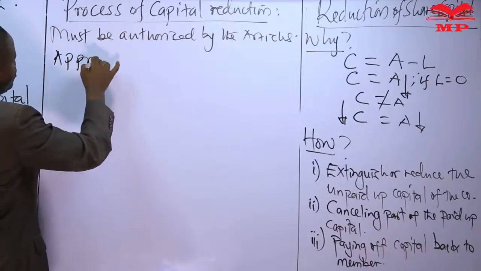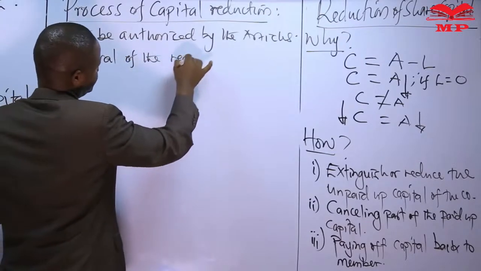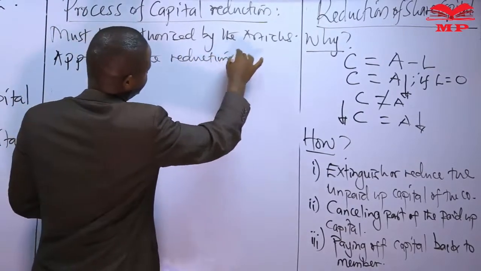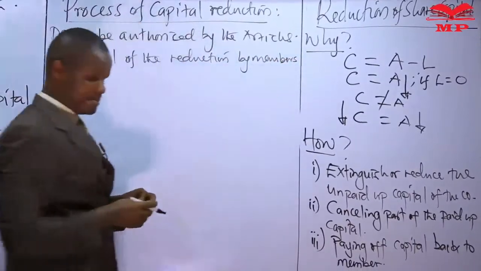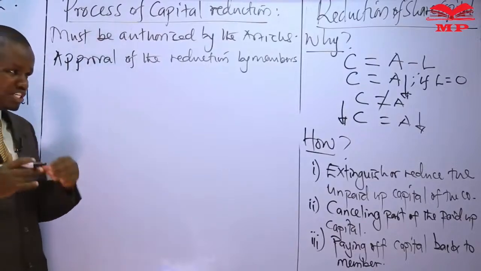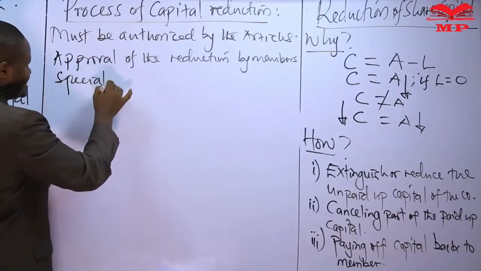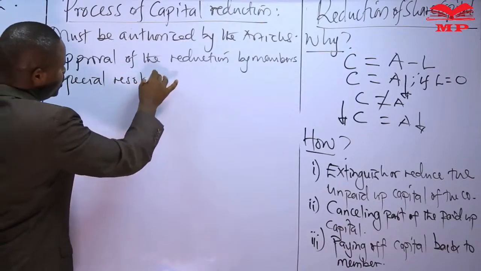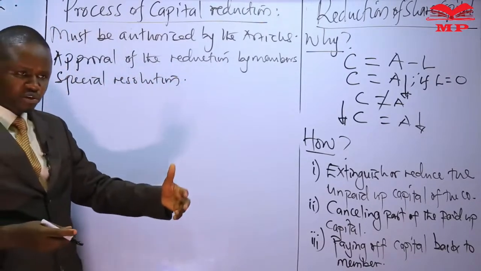So we have the approval of the reduction by members. Members will be approving this reduction at a members' meeting by passing a special resolution, known as a resolution for reduction of capital.